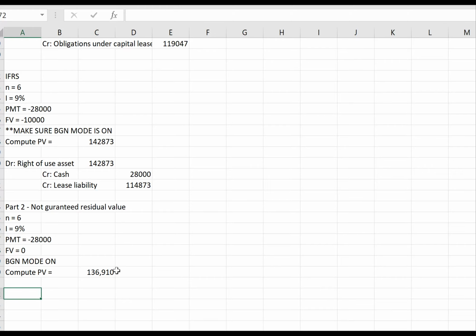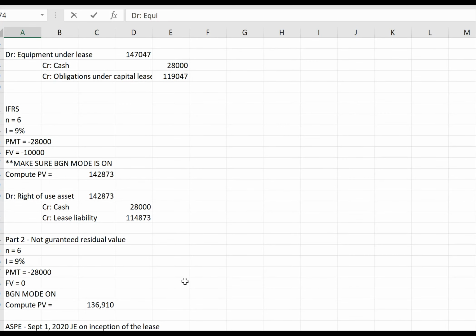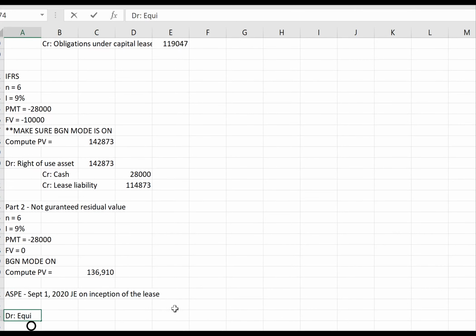So our journal entry here, again, remember that we've got ASPE, September 1st, 2020 journal entry on inception of the lease is going to be debit equipment under lease. And we're going to have this as the present value.